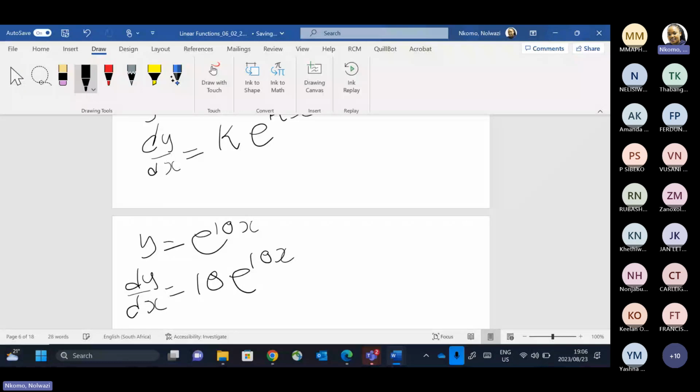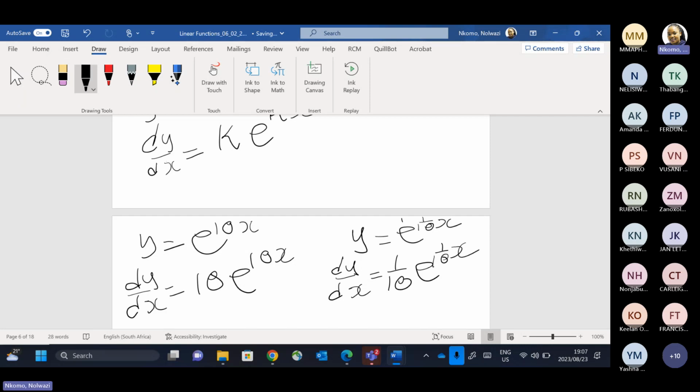Again, if the function is y equals e to the power 1 over 10x, then the derivative, dy over dx, would be 1 over 10 e to the power 1 over 10x.